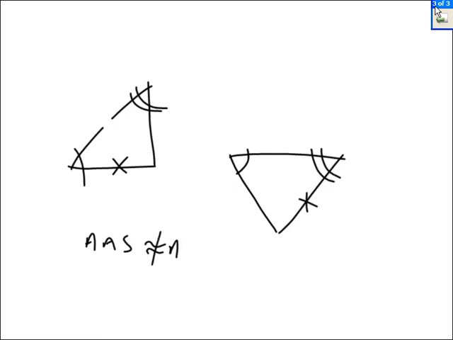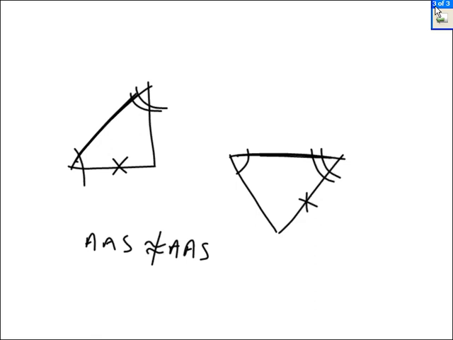This is not true. But you may say, well, they both have two congruent angles and a side other than the one in between the angles that are congruent.